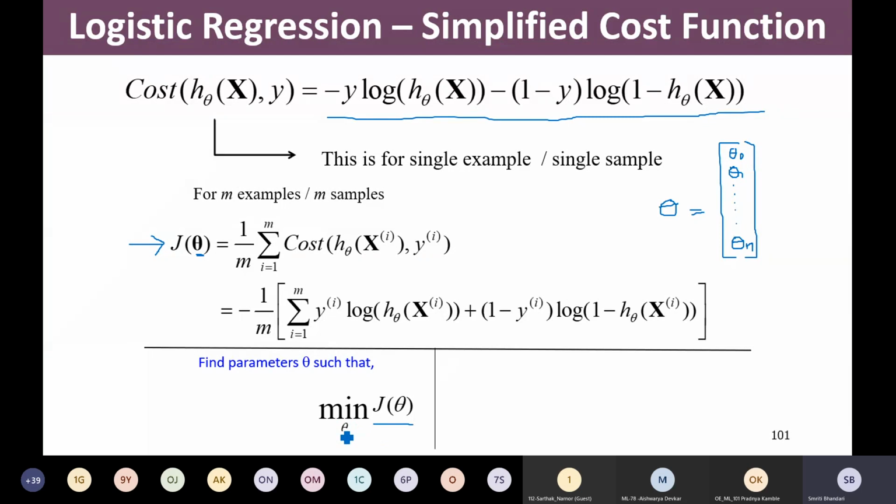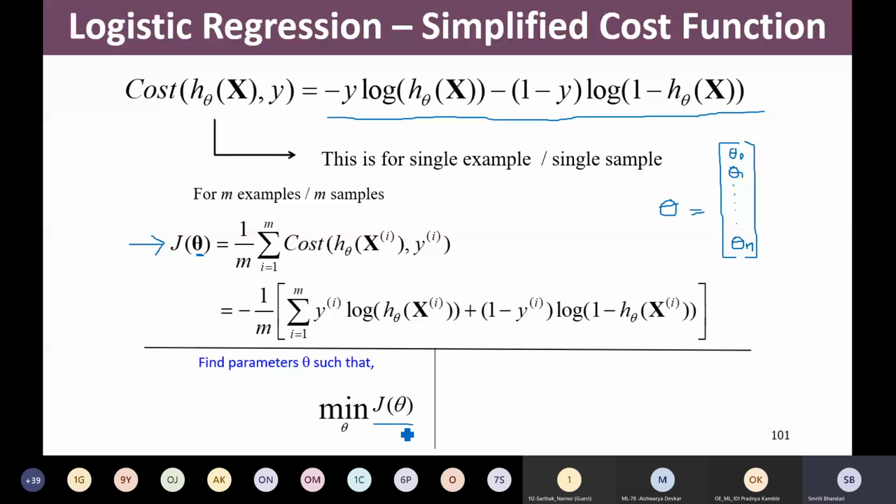So we want to find all those theta values for which my cost function will produce the minimum error, minimum cost. This is exactly similar to our linear regression. The only thing is that here our cost function is different. So we are now minimizing this J of theta to come up with the theta parameters.